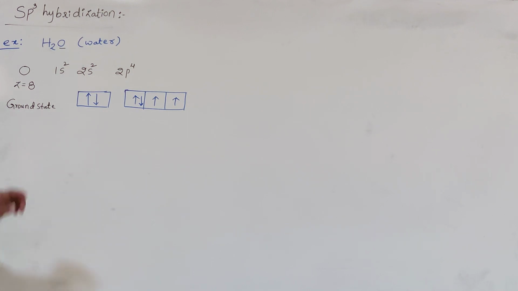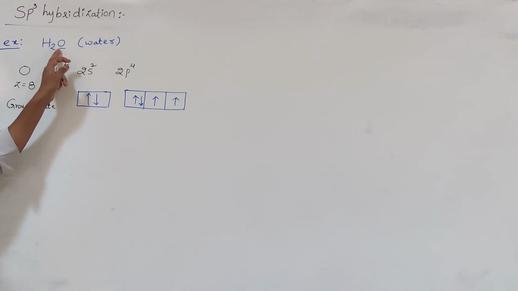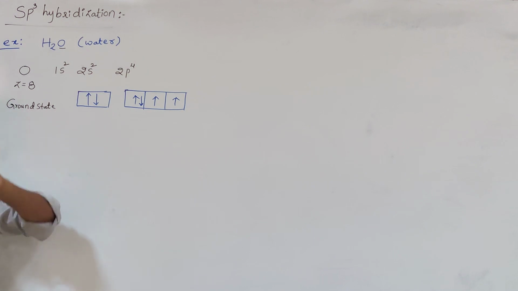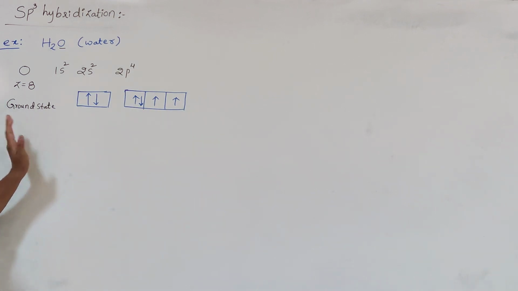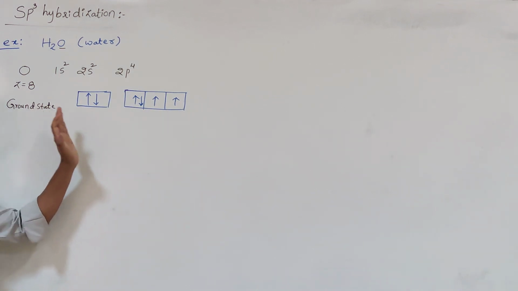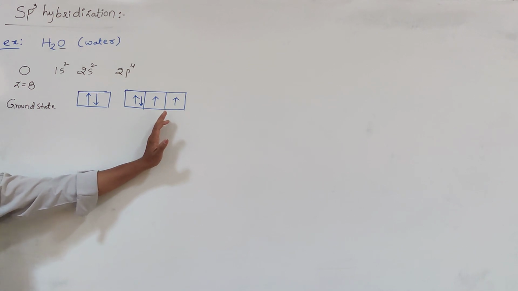We know oxygen can form 2 covalent bonds, which means we need 2 half-filled atomic orbitals. Here, 2 atomic orbitals are half-filled, so there is no need for promotion of an electron from the 2s orbital to the 2p orbital.